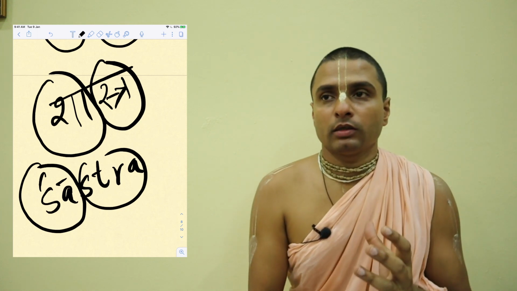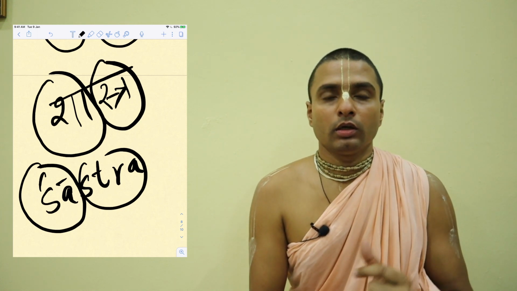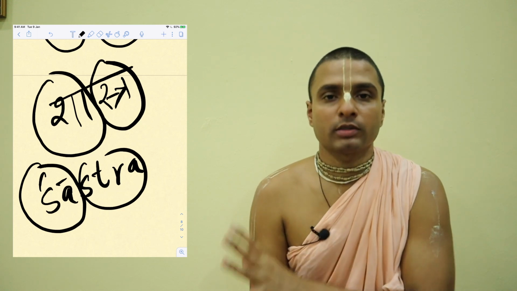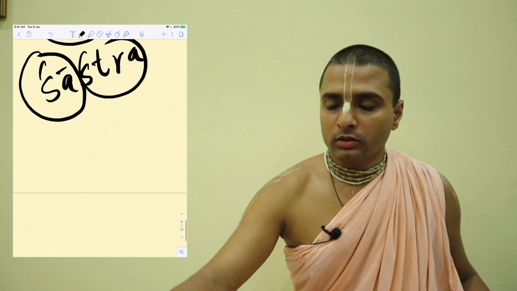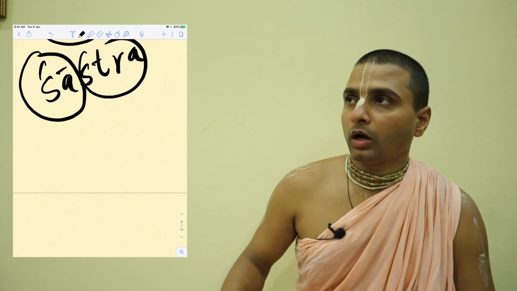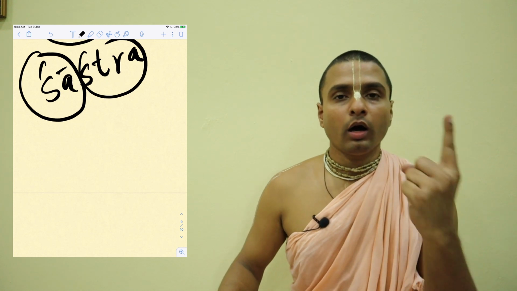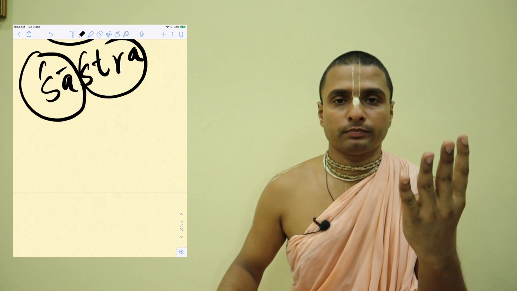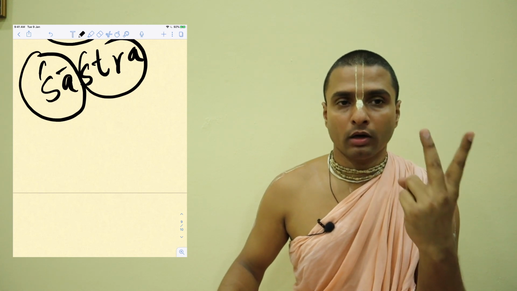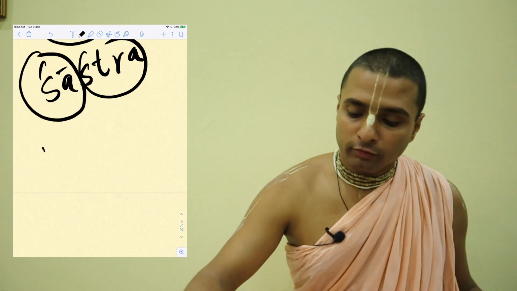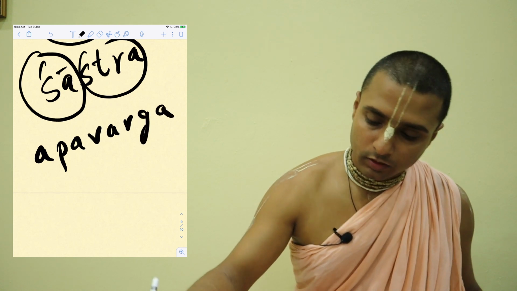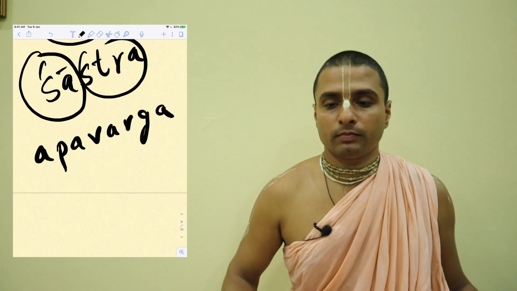So this is the advantage of Sanskrit. As many syllables as there are, that many alphabets there are. Now let's take a longer word, apavarga. Four syllables, right? But if I write in English, eight alphabets.